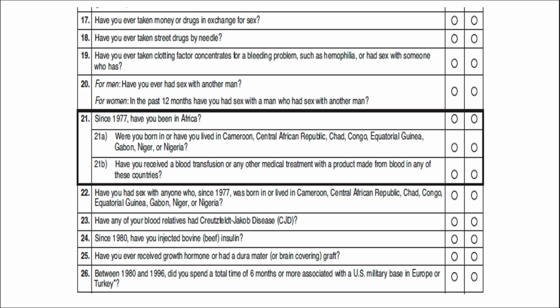And then, since 1977, have you been in Africa? Were you born in or have you lived in Cameroon, Central African Republic, Chad, Congo, Equatorial Guinea, Gabon, Niger, or Nigeria? Because these are places which again are endemic with HIV and other blood transmissible diseases.